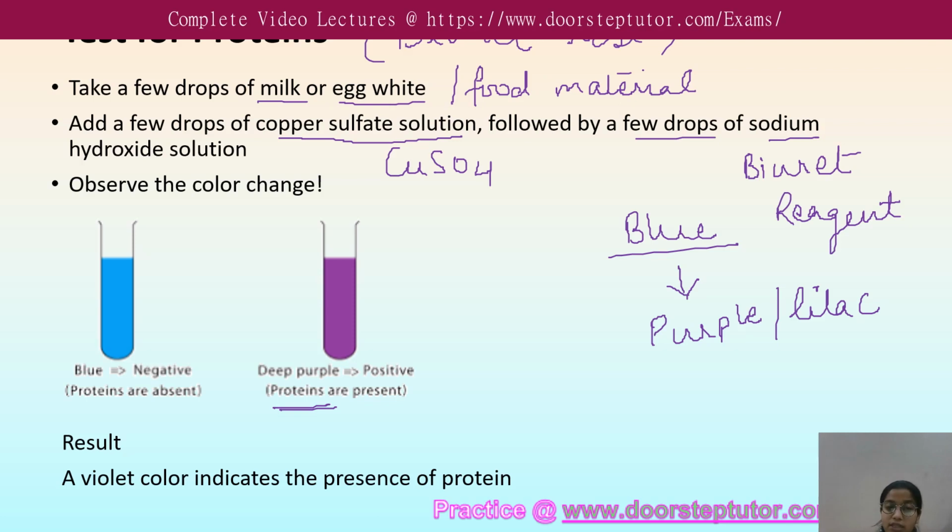And if it just remains blue, it's a negative test, meaning proteins are absent. I can do a similar test on any other compound by this method to test for proteins. The deeper the color, the more protein: if it's violet, it has more protein; if it's lilac, it has less protein; if it's purple, it has a medium amount of protein. That is how we test for proteins.